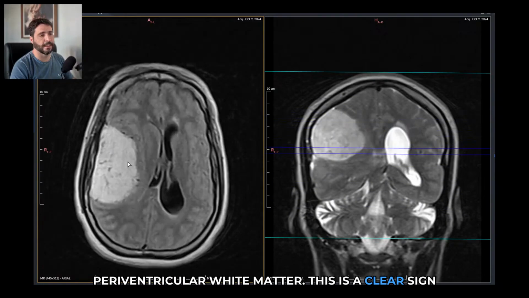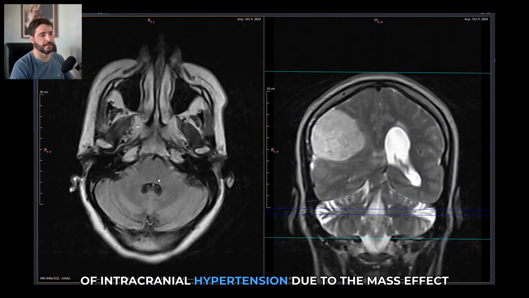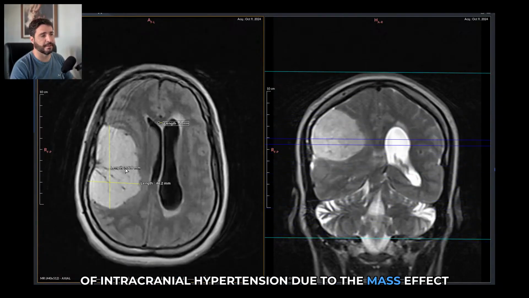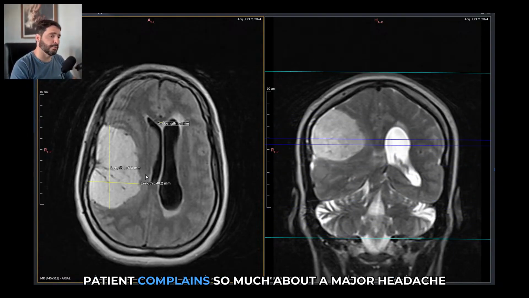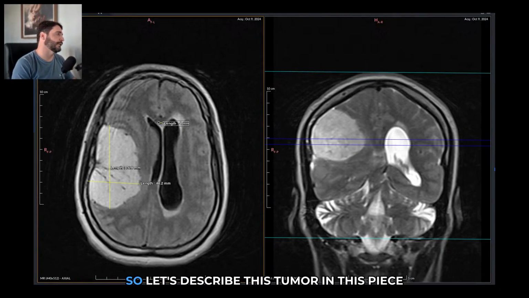This is a clear sign of intracranial hypertension due to the mass effect caused by this tumor. This is why the patient complains so much about a major headache. So let's describe this tumor in this piece of crap exam.